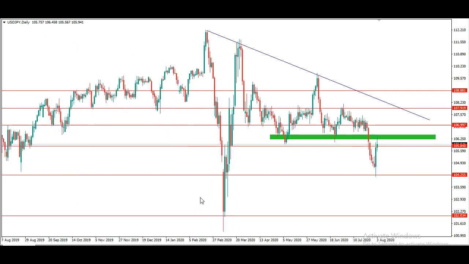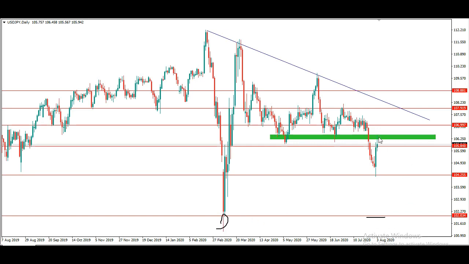Alright, so I'm going to be taking a short trade into the 102.023 level of support, or even lower, but I'll be exiting at this point because, as you can see, this was previous low at this point where price found support.